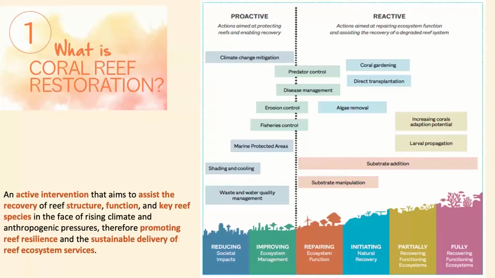So we've rejigged that and called it proactive and reactive. Proactive is helping to prevent further damage and encourage reefs to heal themselves. And some of the more reactive activities and actions, most of the coral restoration practices, fit into the reactive category.